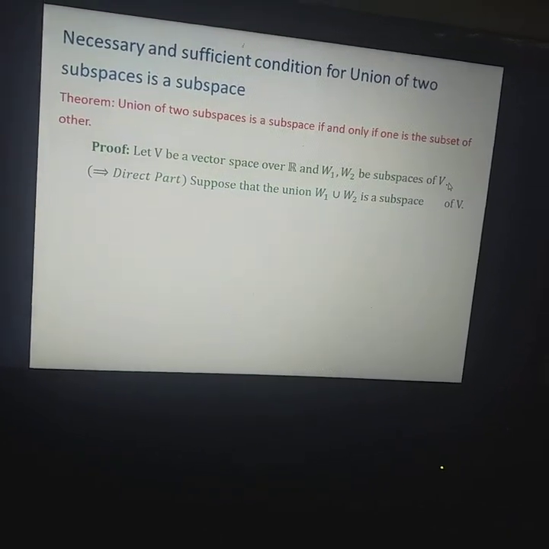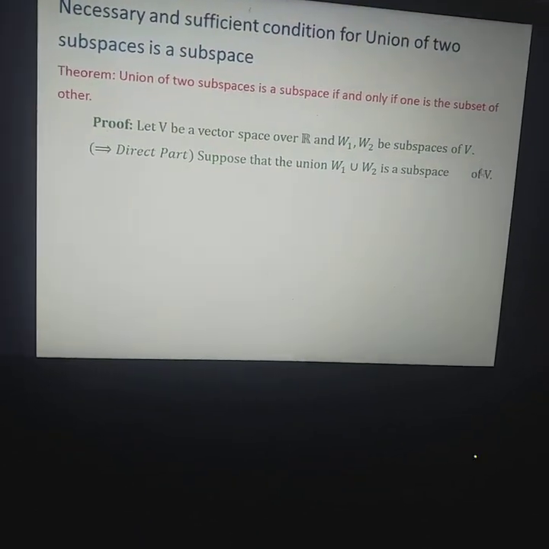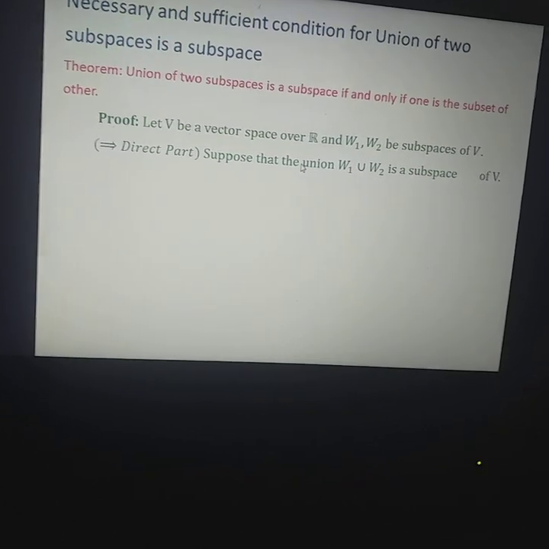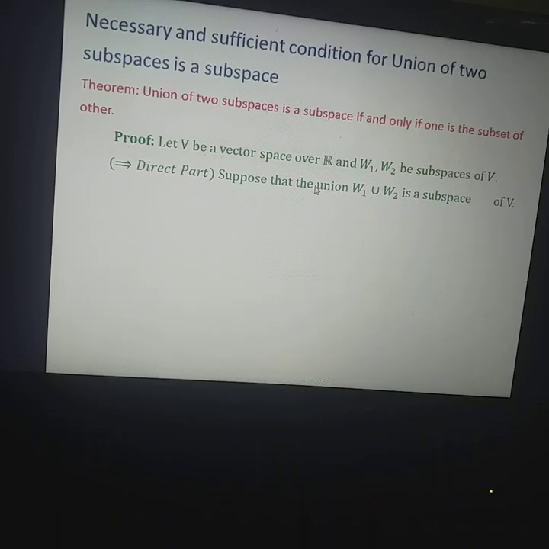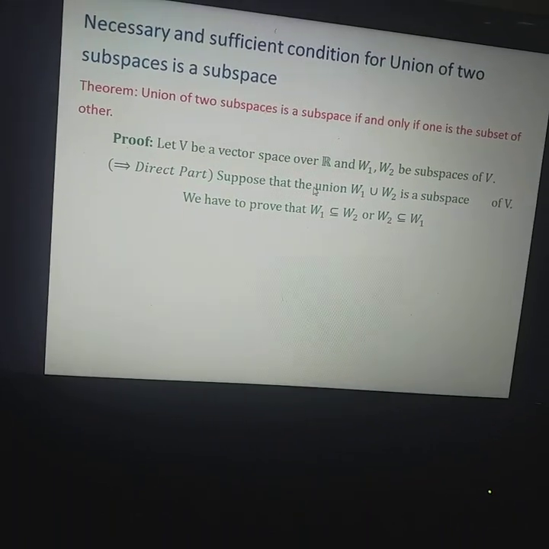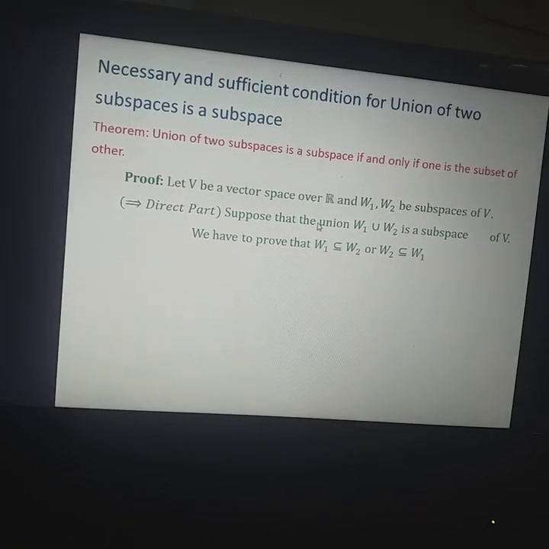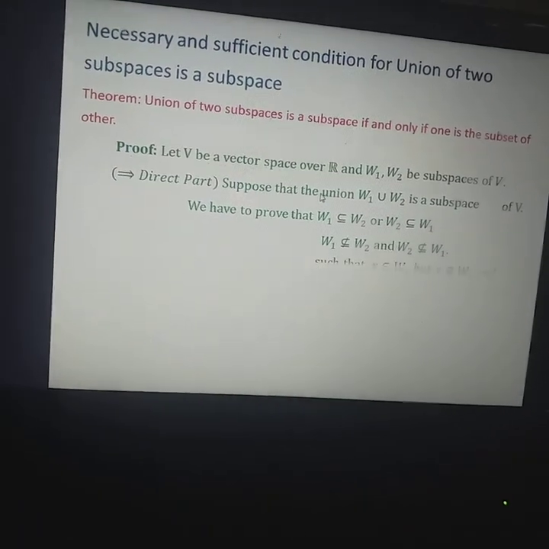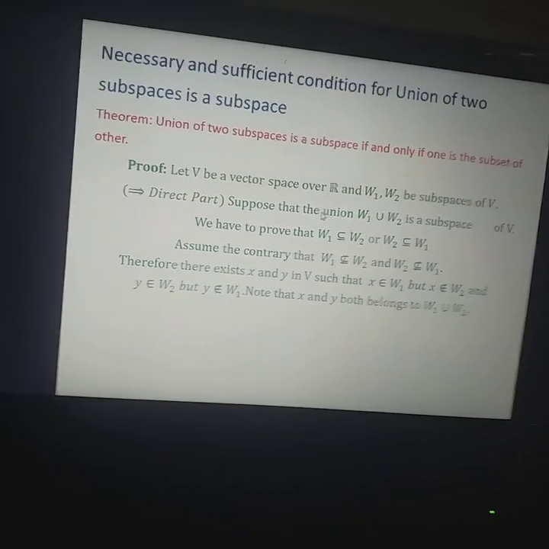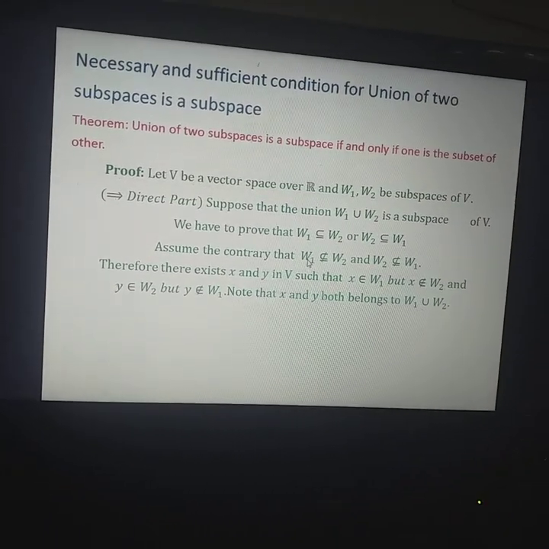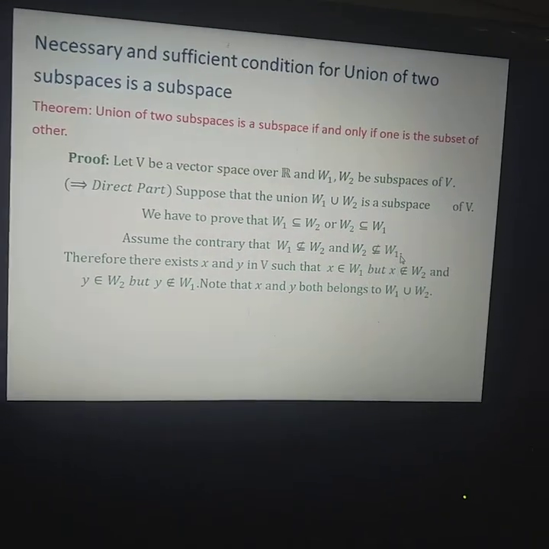Suppose that the union W1 union W2 is a subspace of V. We are going to prove that either W1 is contained in W2 or W2 is contained in W1. That is, W1 is a subset of W2 or W2 is a subset of W1. So assume the contrary, that W1 is not contained in W2 and W2 is not contained in W1.